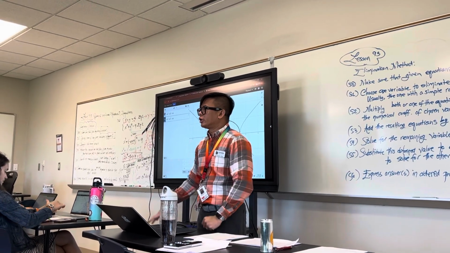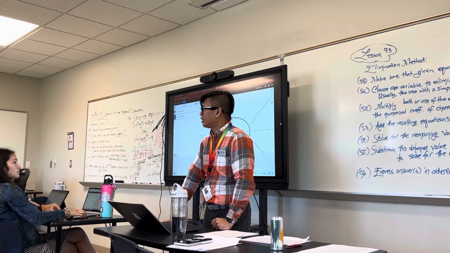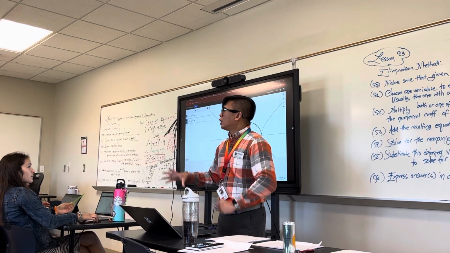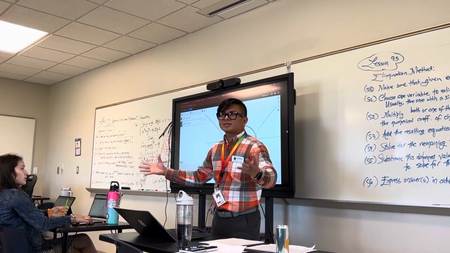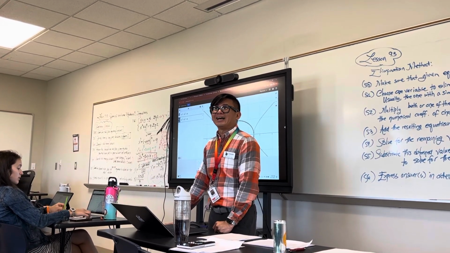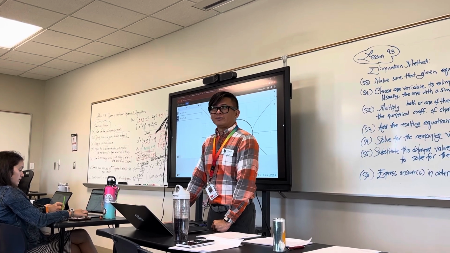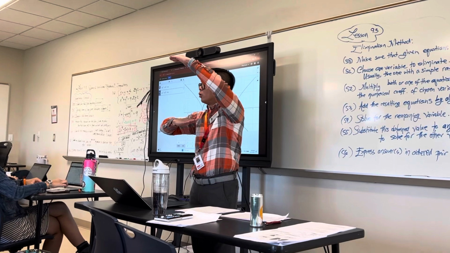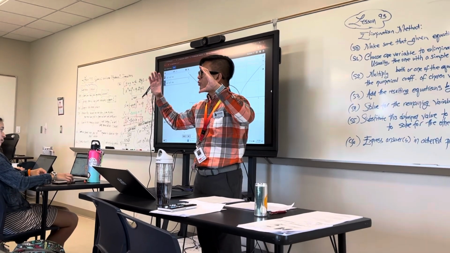Do you know that the Earth is not a sphere, but a what? Anyone who knows what shape our Earth is? Oblate spheroid, right? When you say oblate spheroid, that means it's flat on the poles, bulging on the equator.